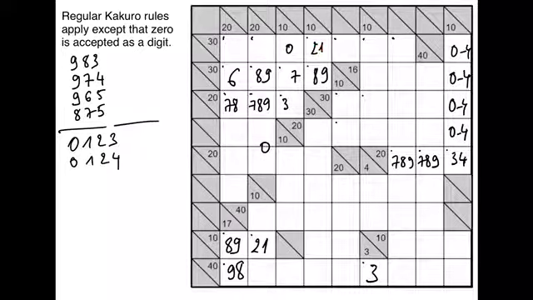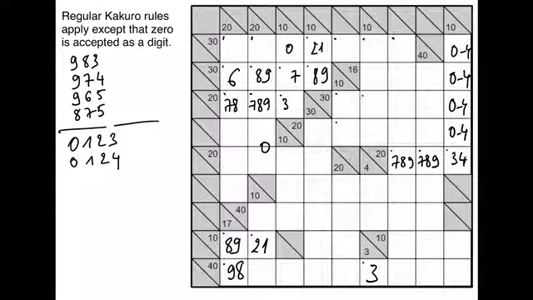But would 1, 2, and 3 satisfy this? Because we would now need to do 24. So it would be 7, 8, and 9, but the 7 would fit with 0, 1, and 2 in those cells.